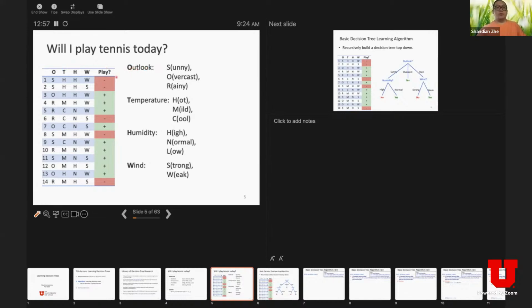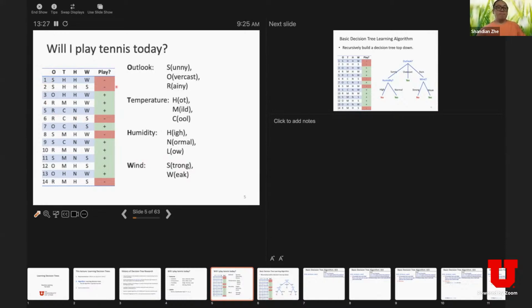So outlook is O, temperature T, humidity H, wind W. Their values: sunny S, overcast O, raining R, hot H, mild M, cool C, high H, normal N, low L, strong wind S, weak wind W. That's what we see from the table, right?